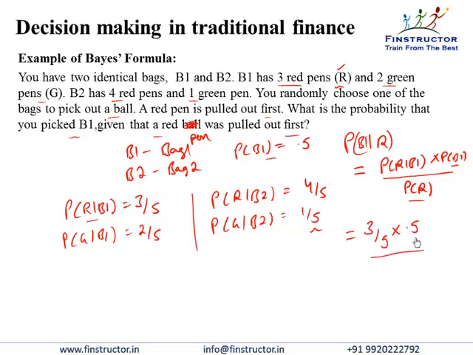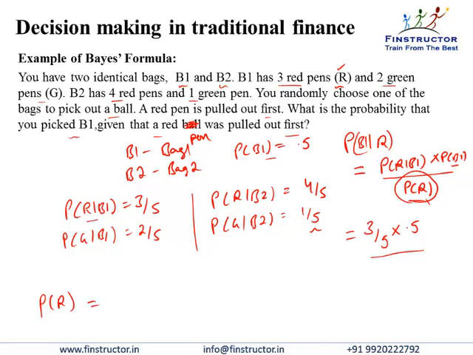The slightly tough part of the question is to estimate the unconditional probability of a red pen. So the probability of R means what is the probability of picking a red pen given these two bags and the pens in each of them. Now a red pen could either have come from bag 1 or from bag 2.